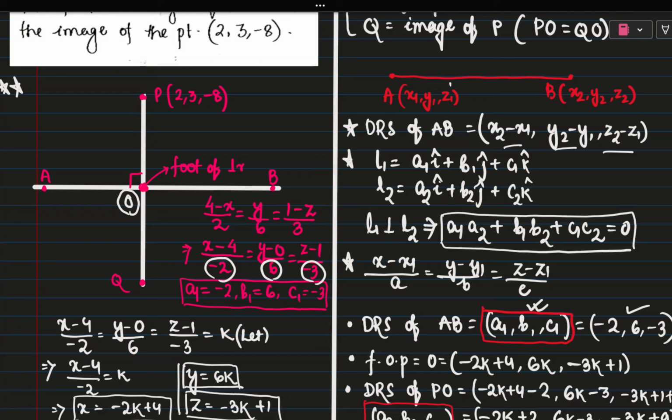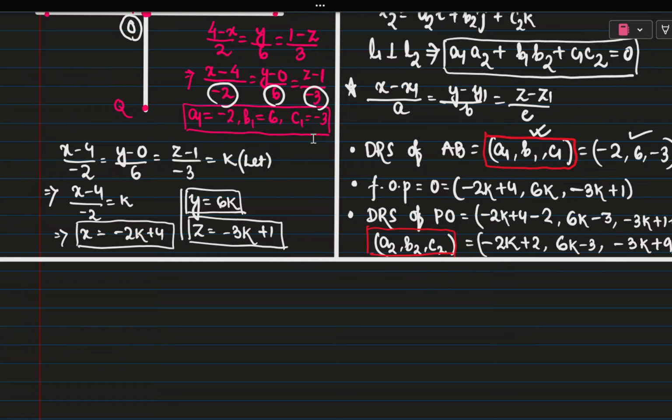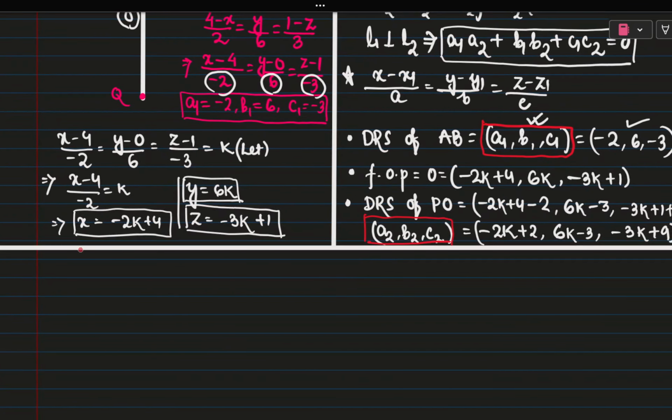So A1 A2 plus B1 B2 plus C1 C2 will be 0. As the figure is not visible, you need to consider the line AB and PO. So A1 A2 plus B1 B2 plus C1 C2 must be equal to 0. Now what is A1 we are having?